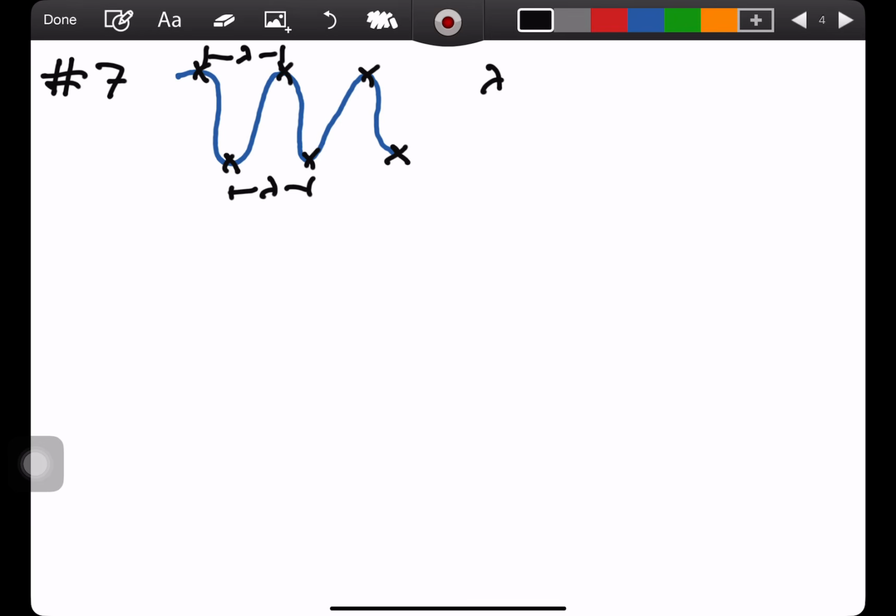Now, I also mentioned this idea of frequency. Frequency is how many of those cycles you have per second. And this is equal to the reciprocal of the period, because the period is the number of seconds in one cycle.